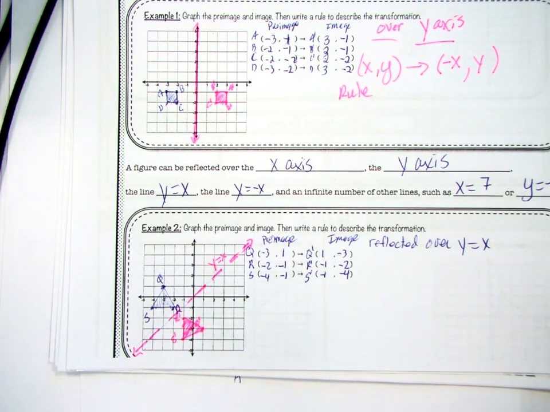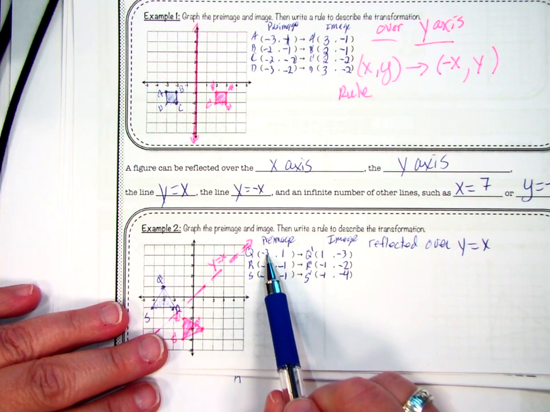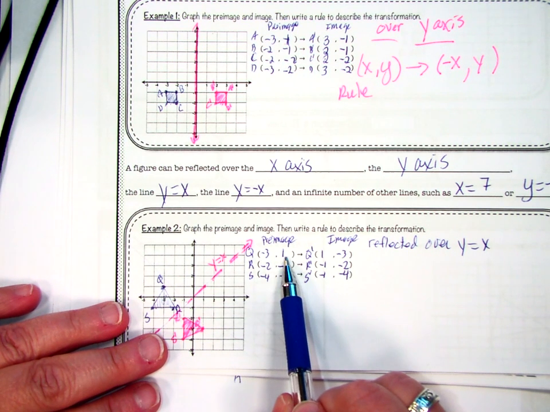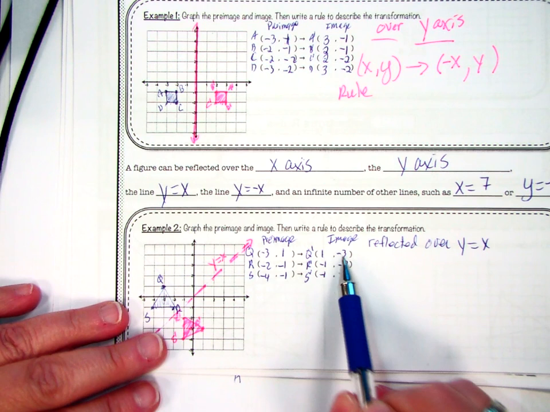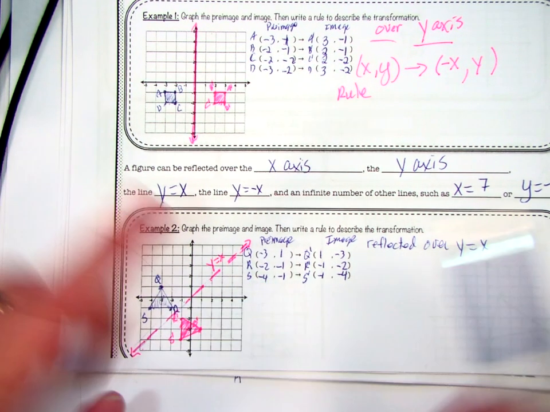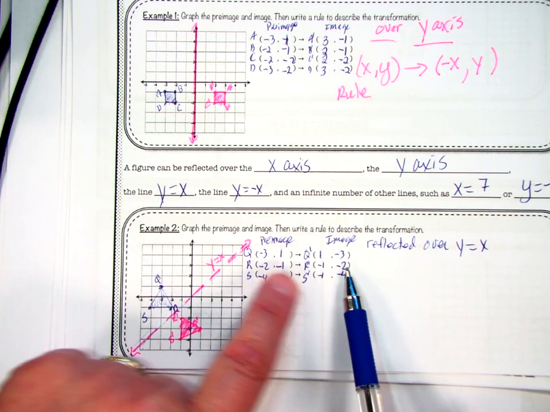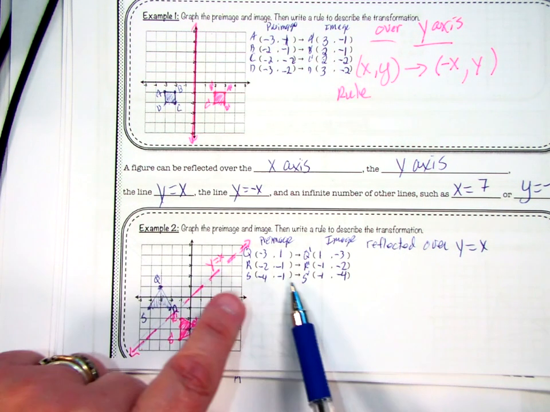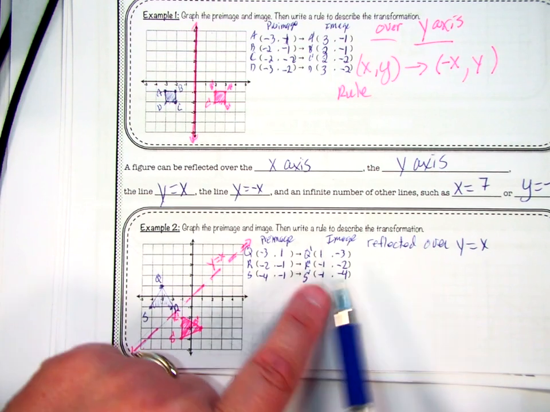So let's look at the values. Negative 3, 1. Q prime is 1, negative 3. So the x's and y's flipped. Literally the same sign, they just flipped. Negative 2, negative 1. Yep. Negative 4, negative 1. Yep. Flips.